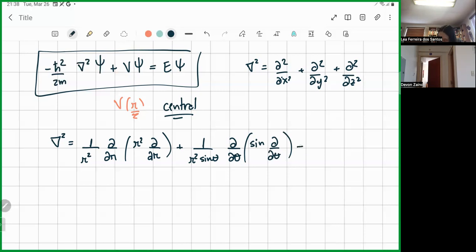And then comes the part with phi. And that's 1 over sine squared theta and the second-order derivative in phi. Okay, so all this, of course, you don't need to know it, but all this is what we are going to have to use now to write our equation.